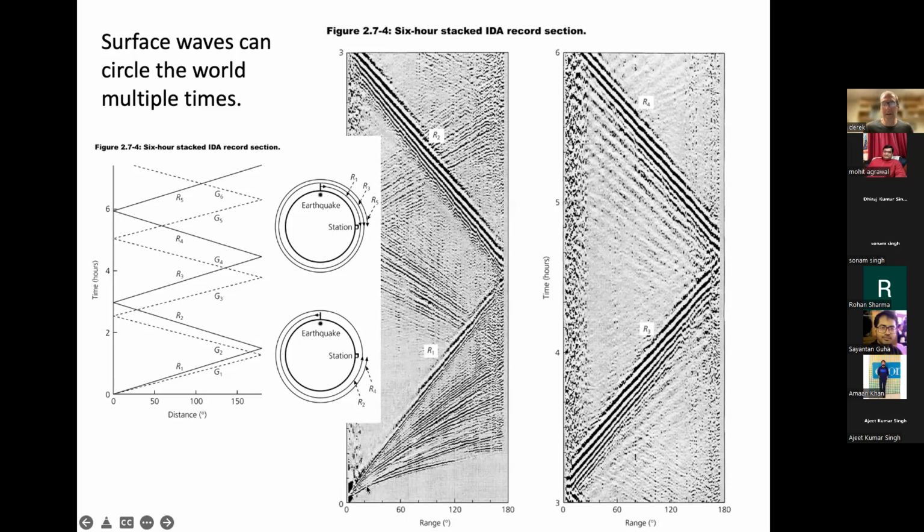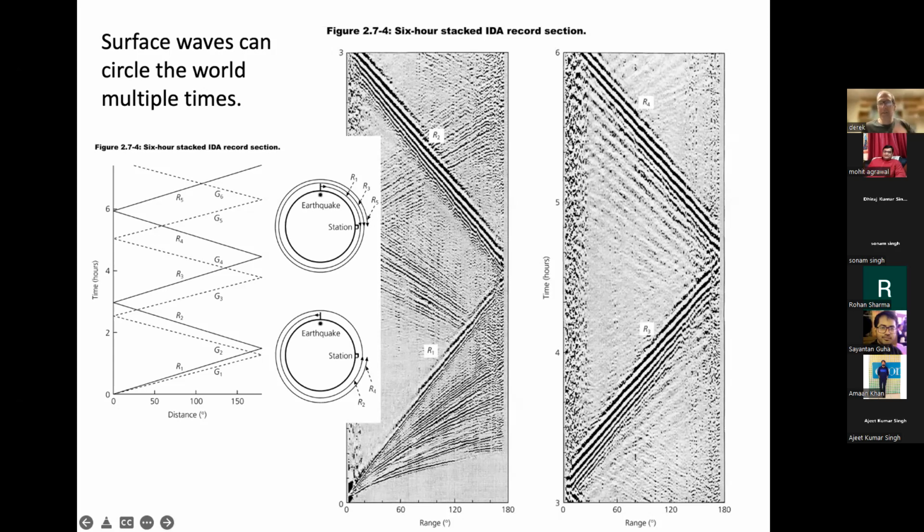So these are record sections that show the Rayleigh wave coming in. This is R1. The x-axis here shows the distance. So 180 degrees is on the opposite side of the Earth from the earthquake, and 0 degrees is the location of the earthquake.